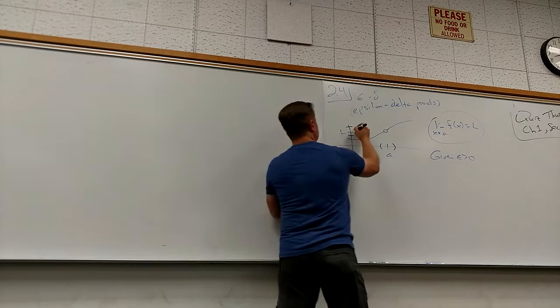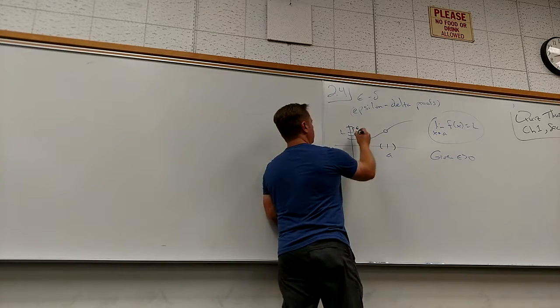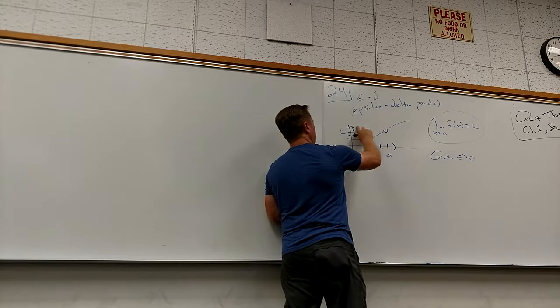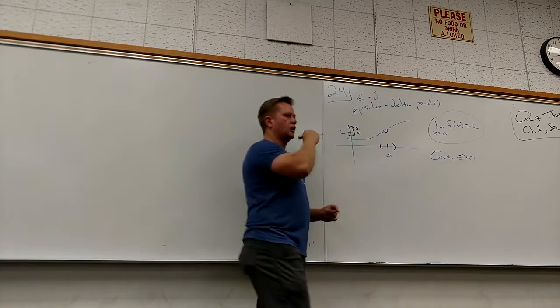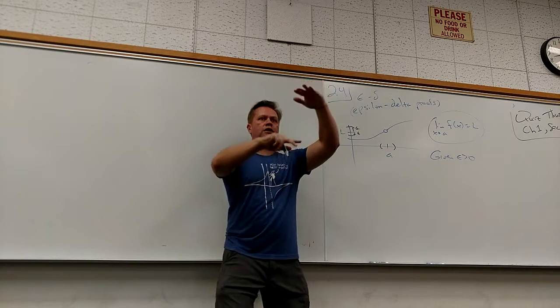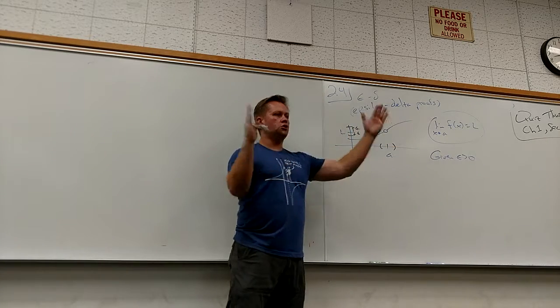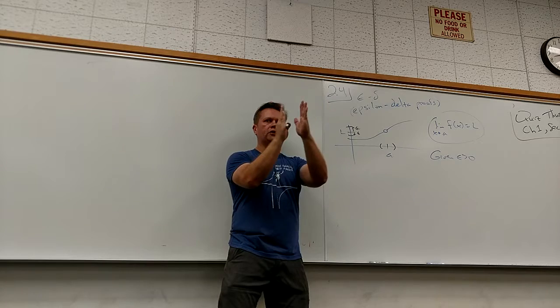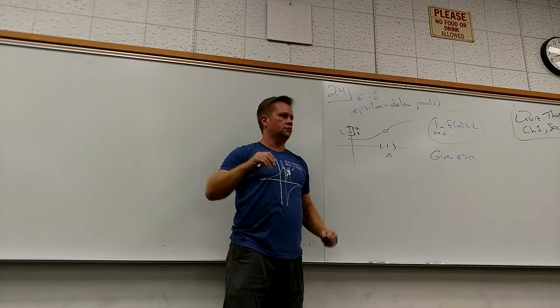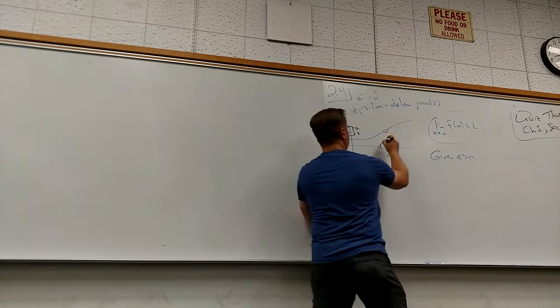So this is epsilon. This distance here is epsilon. So I'm going to tell you how close to L I want you to be. No matter what epsilon I give you, you should always be able to find a neighborhood around x that's always that close. So visually, this is what that would mean.